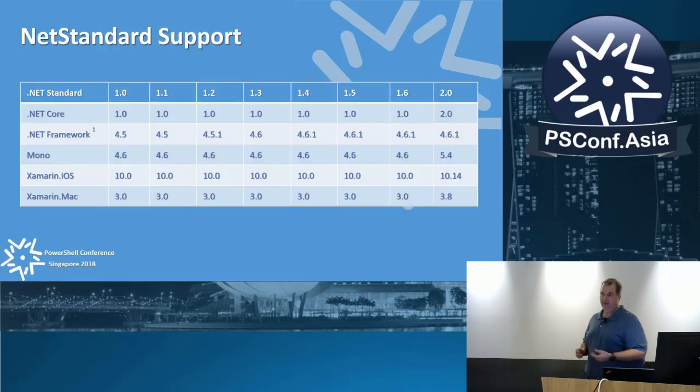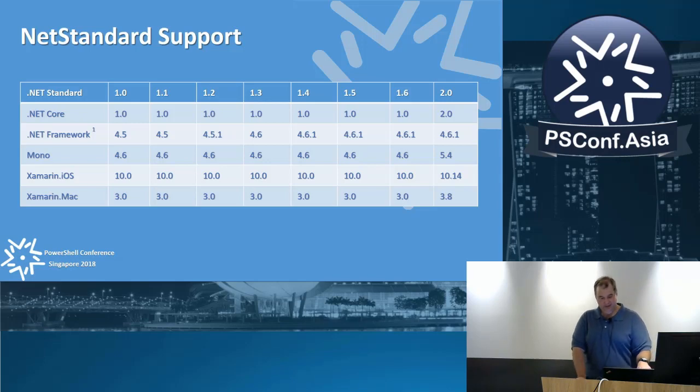So what this looks like is something like this. .NET Standard started with 1 up to 2.0. .NET Core 1.0 implemented everything up to .NET Standard 1.6. And .NET Core 2.0 and .NET Core 2.1 implement .NET Standard 2.0.